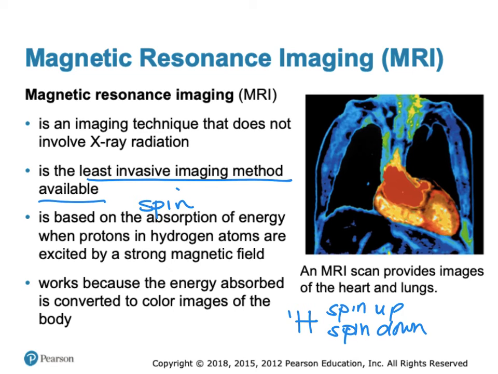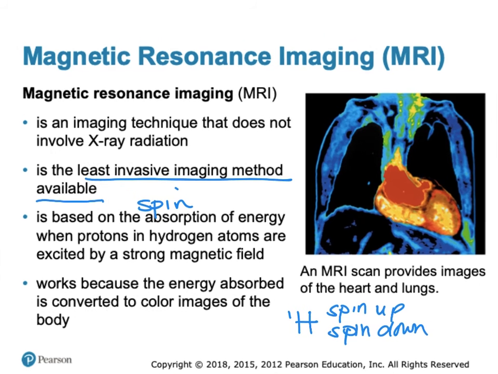In the presence of an external magnetic field, a spinning nucleus can align itself either in a low or parallel energy state or a higher anti-parallel energy state. Remember when we looked at electromagnetic radiation and we looked at the absorption of energy? So your lowest energy state is the ground state. And when exposed to some type of energy, we can promote or go to a higher energy state.